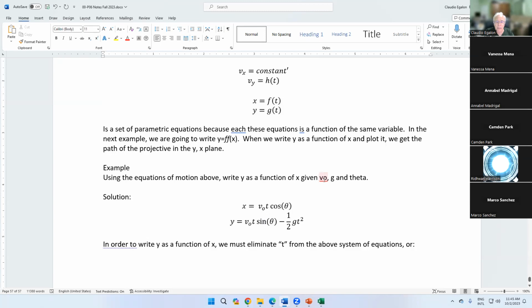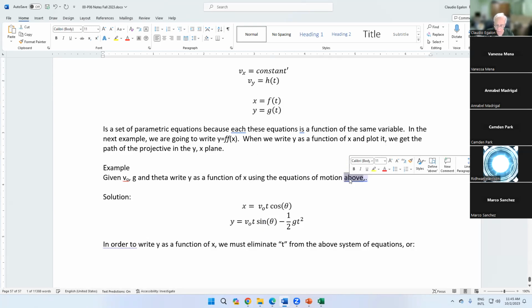Given v naught, g, and theta, write y as a function of x using the equations of motion. Okay?